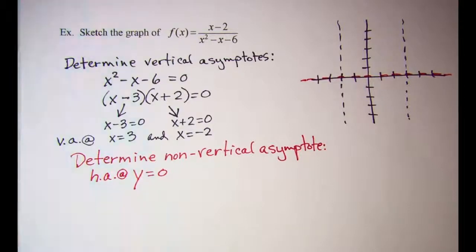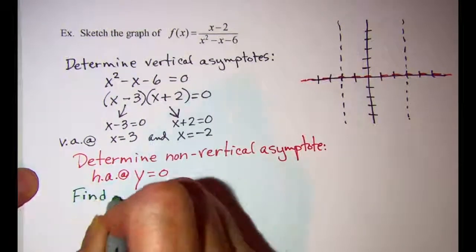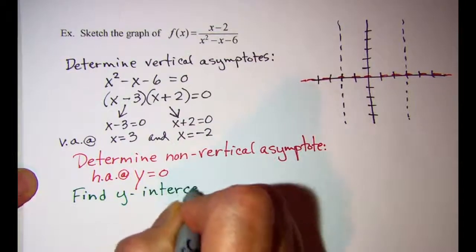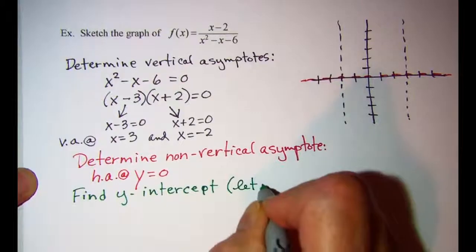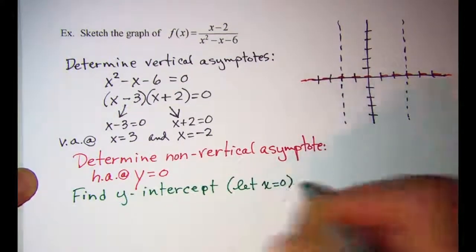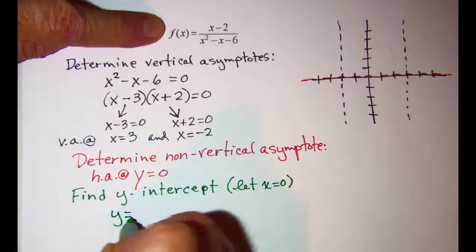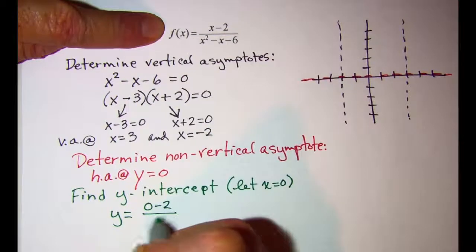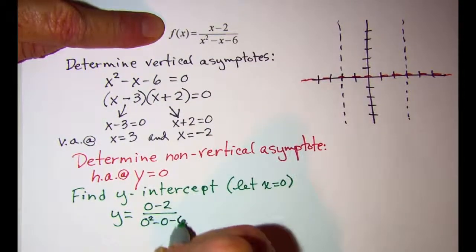The next step would be to find the y-intercept, by letting x equal 0. So if we let x equal 0, we have y equals 0 minus 2 over 0 squared minus 0 minus 6.